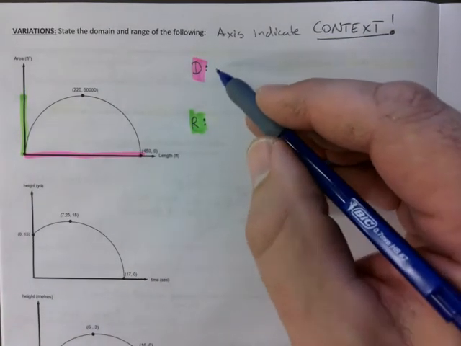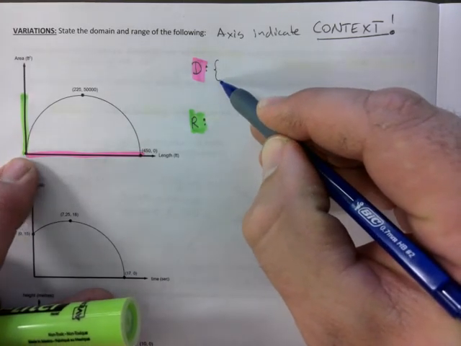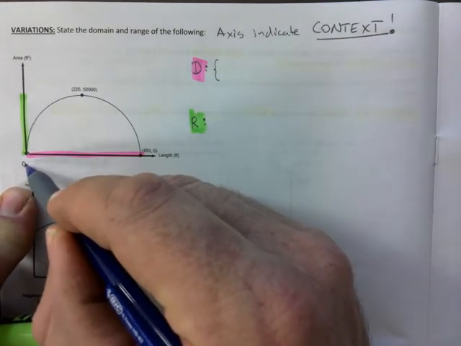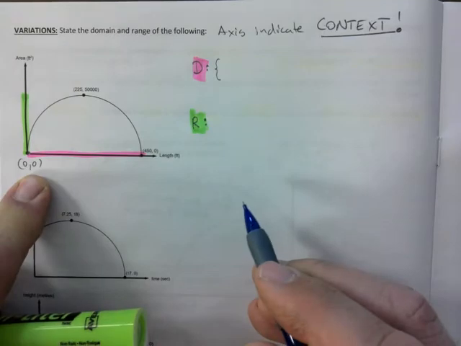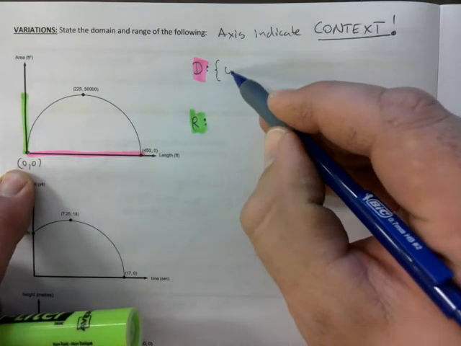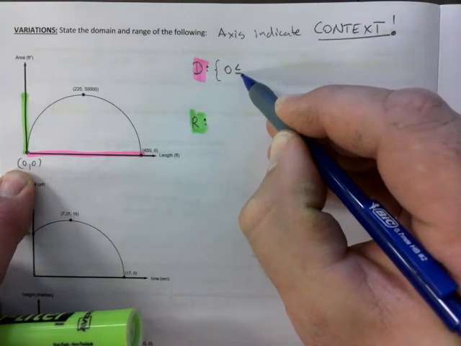So the domain, in this case, if you use set notation, you're going from 0, right? This is assumed, like if you're starting right at the origin, you know that that's 0, 0. Okay? So the domain goes from 0 all the way. What variable would I use in this case?